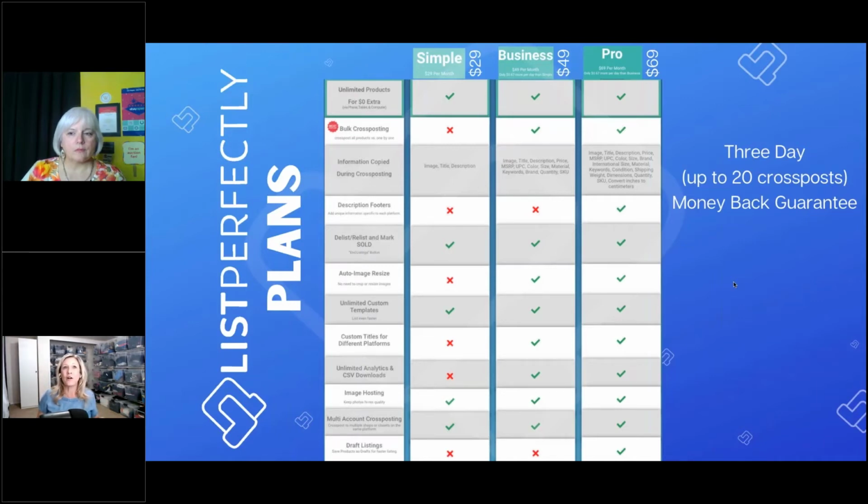I want to take all of my, I don't know, soccer cleats because I normally sell coffee mugs. I want to take all my soccer cleats and put them in a different eBay account. You can go through, take those soccer cleats, put them in List Perfectly, log out of that main eBay account, log into your soccer cleats unlimited eBay account, and then cross post them into that. Wow. Yeah, there's just so many different ways to use it.